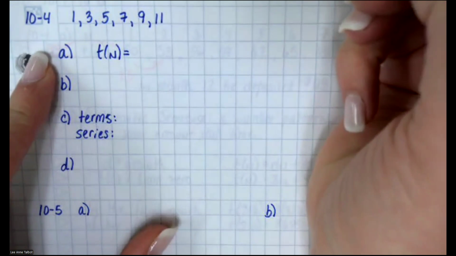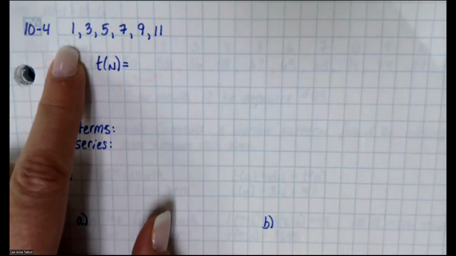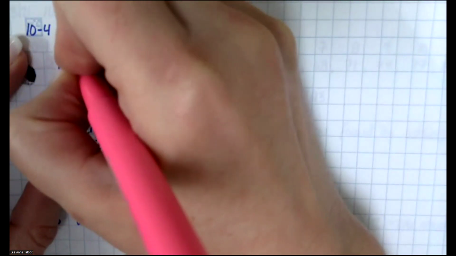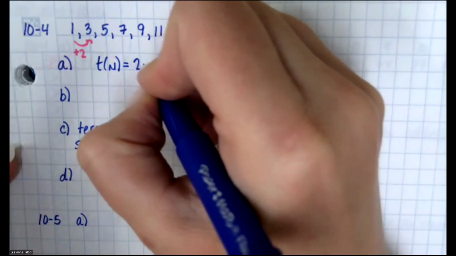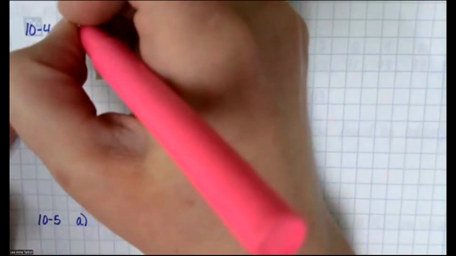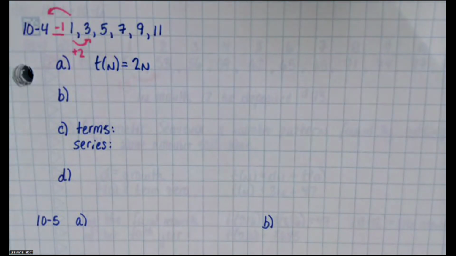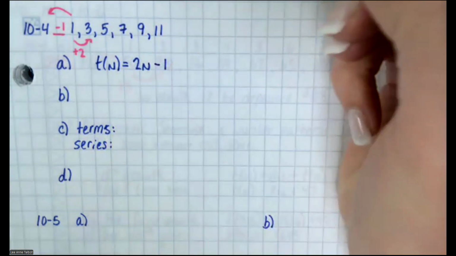So T of n equals, what is the growth in this problem? 2. 2n. And what would term 0 be? -1. Notice I wrote it in a different color on purpose because it doesn't actually exist in our sequence.